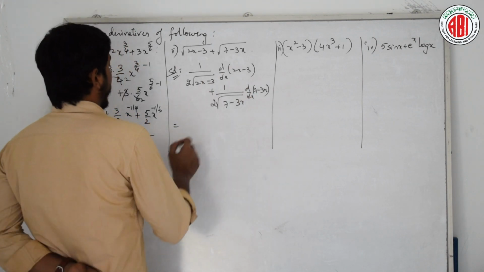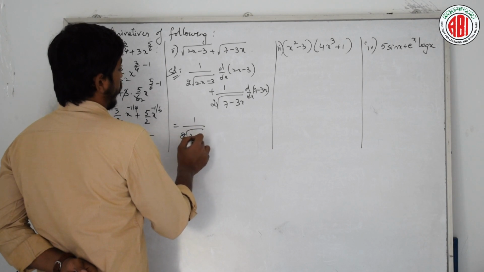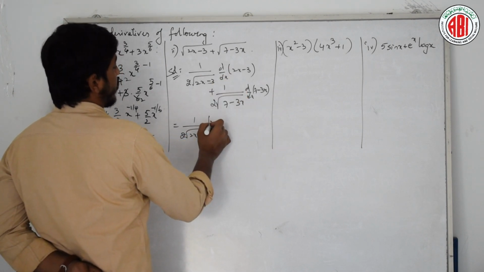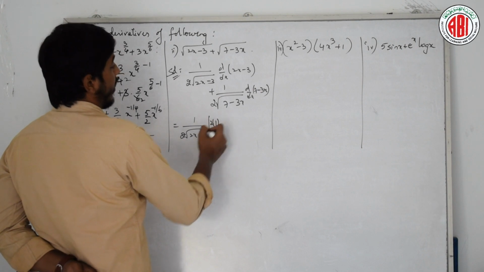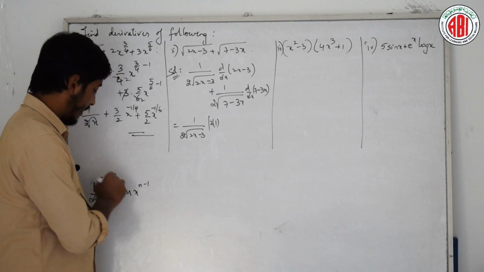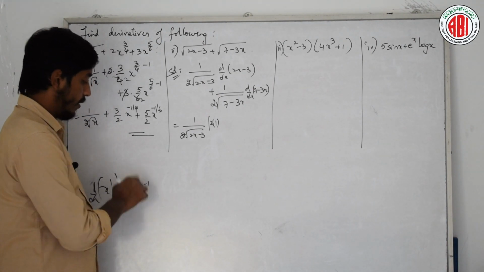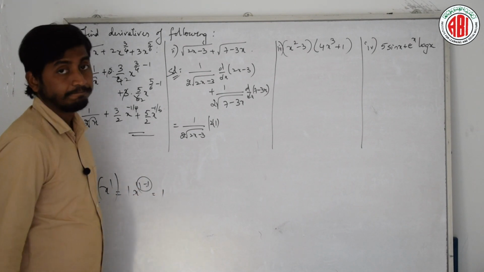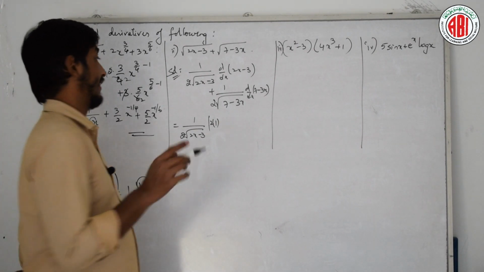Now here, 1 by 2 root 2x minus 3. Differentiation of 2x: 2 is a constant, differentiation of x is 1. How? Tell me. Differentiation of x is 1 into x power 1 minus 1, this is x power 0, which is 1. Is it clear? Remember that.